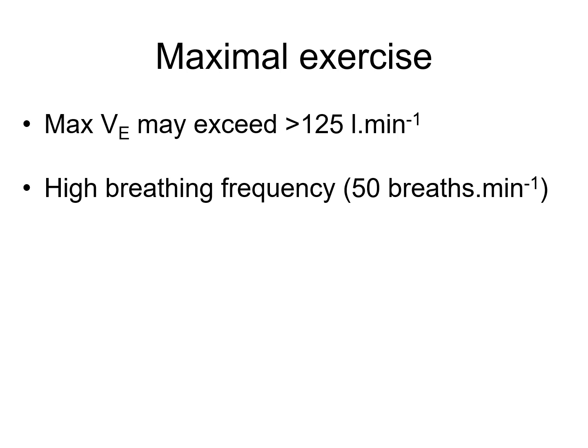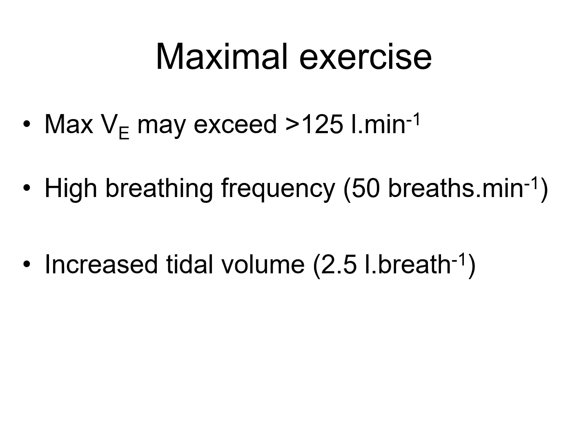Again, for highly trained endurance athletes, that can be almost 60, one breath per second. And we see an increase in tidal volume from around half a litre to 2.5 litres. Again, that can be even more, upwards of 4 or 5 litres for trained athletes.